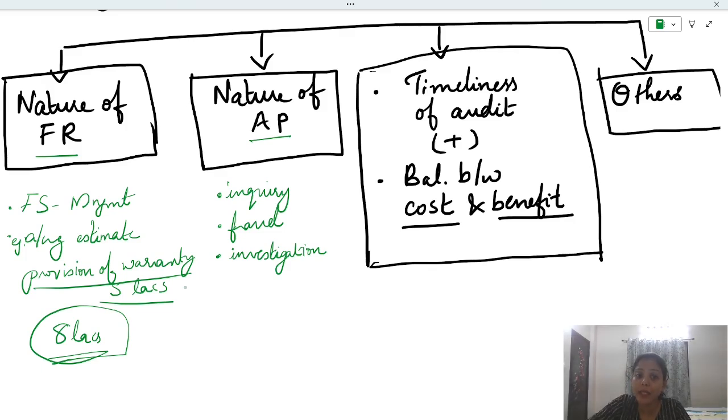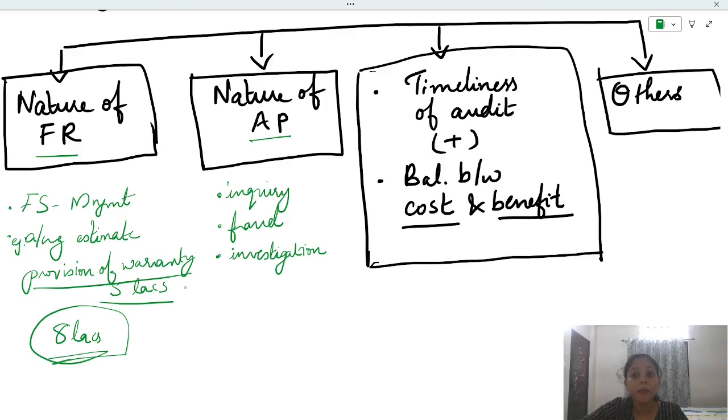So we have limitations from the audit perspective, and we can't do that part. So there is an inherent limitation to audit that a particular alleged wrongdoing cannot be investigated by us. So due to the nature of financial reporting, yes, there is inherent limitation. Similarly, the nature of audit procedure also creates some inherent limitations to audit.